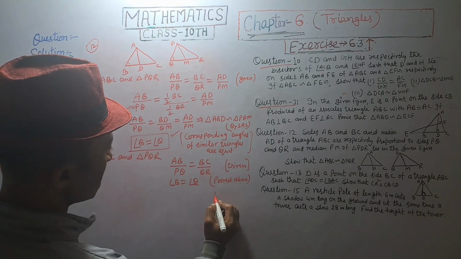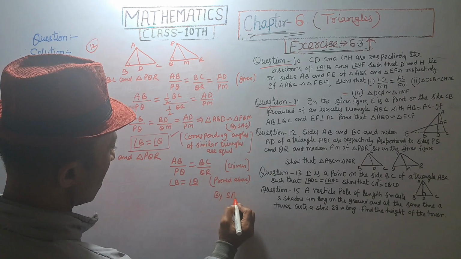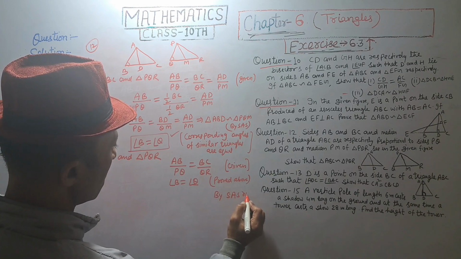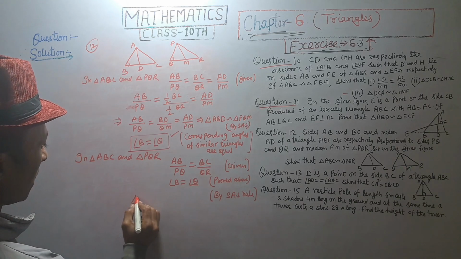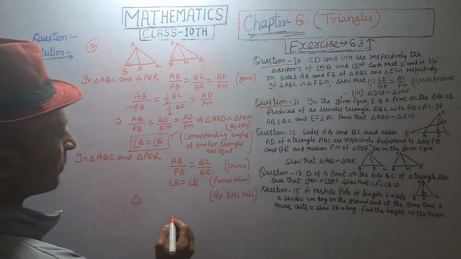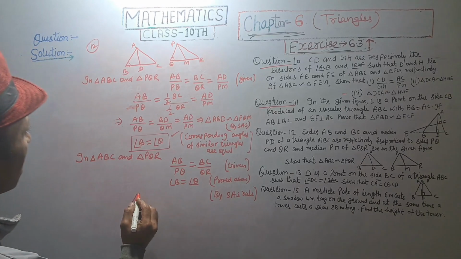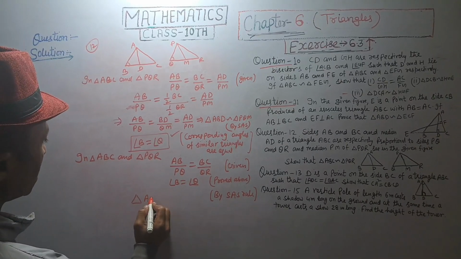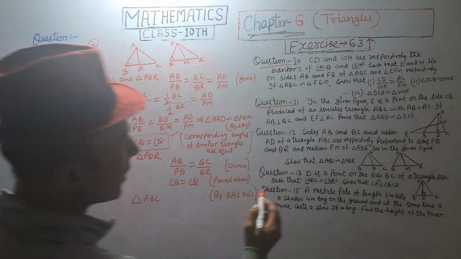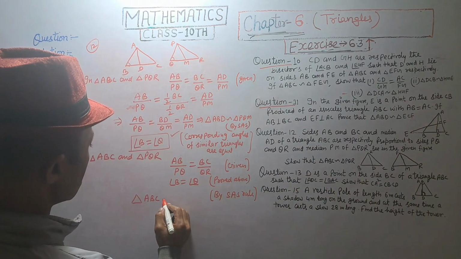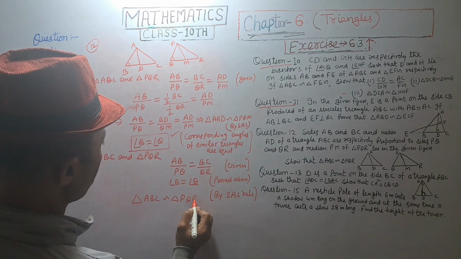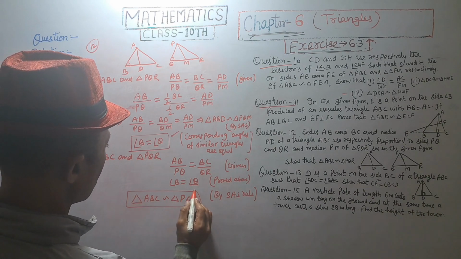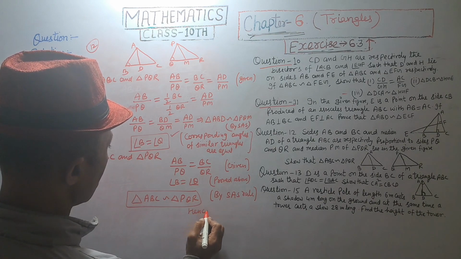By SAS rule, we get triangle ABC is similar to triangle PQR. Hence proved.